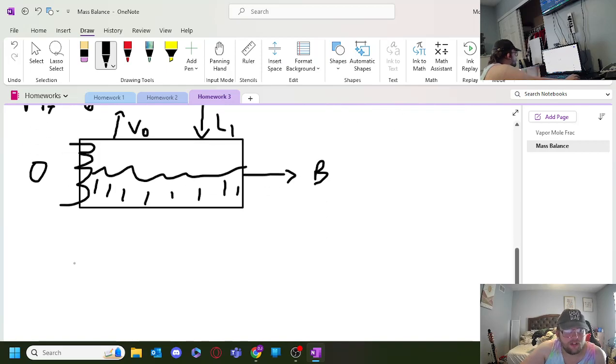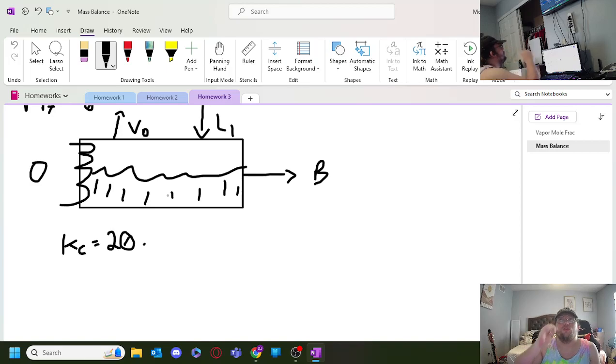So how to do that is we're going to use a proportional control. So we'll have a certain Kc value where we'll just set it to 20, for example. So what that's going to do is it's going to look at the moles in here.